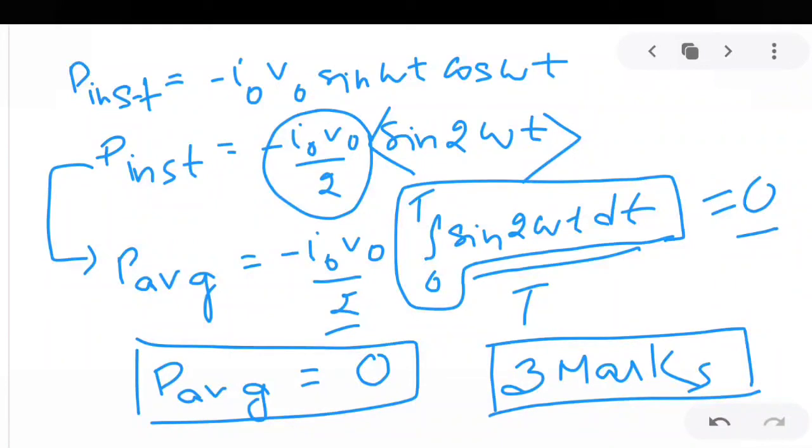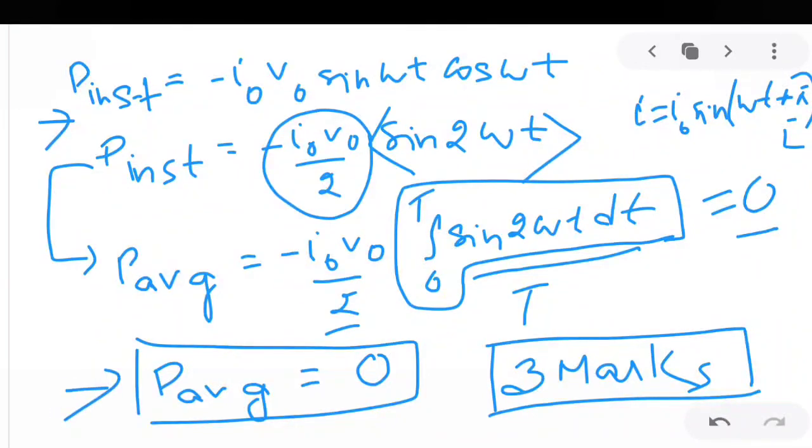So in case of purely capacitive circuit, current I will be I naught sin omega t plus pi by 2, and voltage will be V is equal to V naught sin omega t. Then you can proceed in the similar fashion and calculate the instantaneous power. Again, the average power will be 0. So this is how you have to proceed if the question is asked for 3 marks.